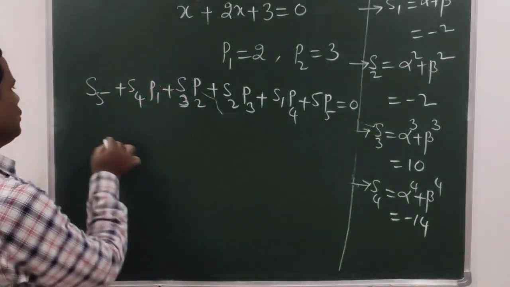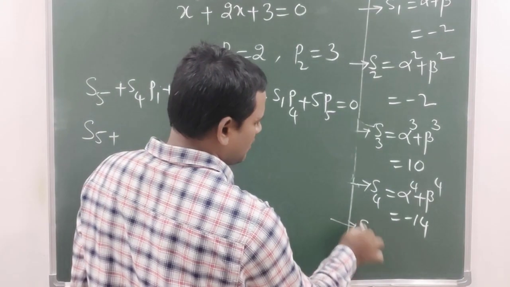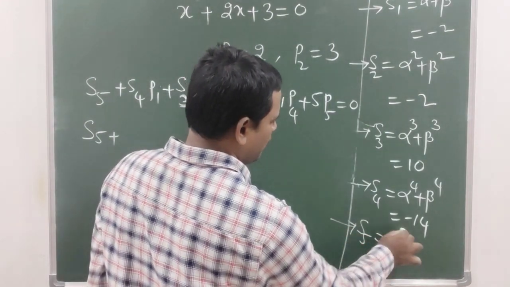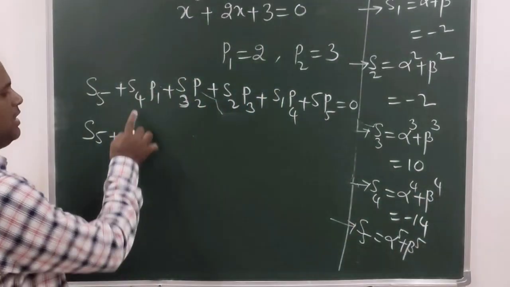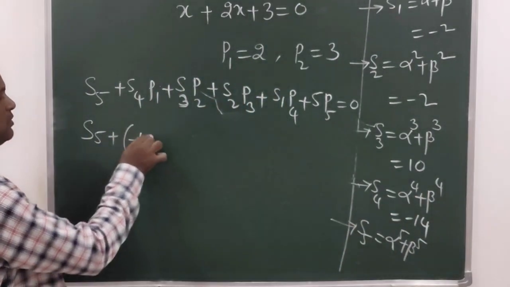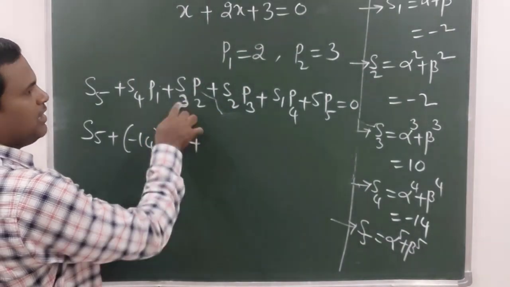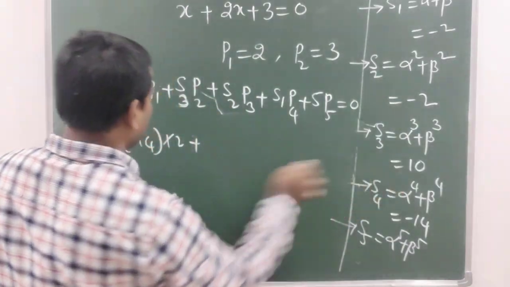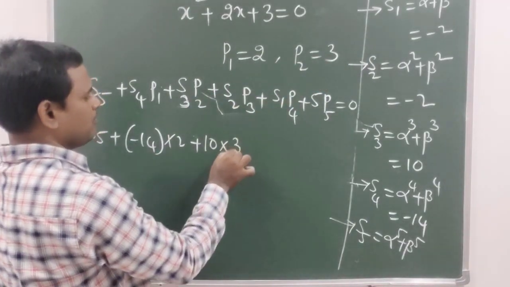Now go for substitution. We require S5, which means alpha power 5 plus beta power 5. Now S4 we have got minus 14 and P1 we have 2. Here S3 value 10 we have got, and the P2 value is given in the problem.